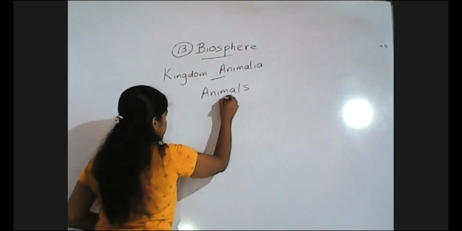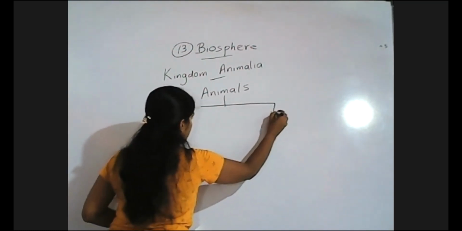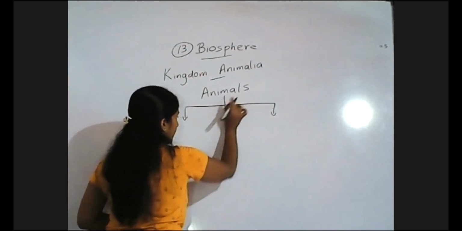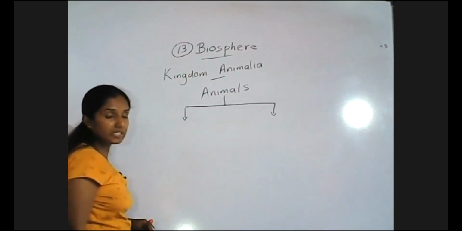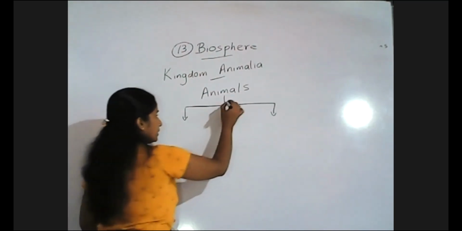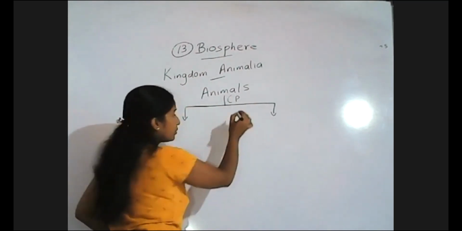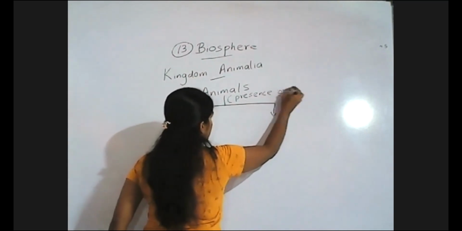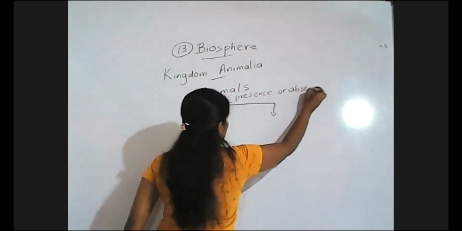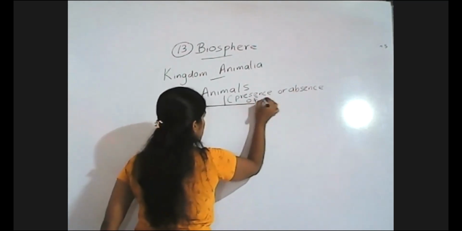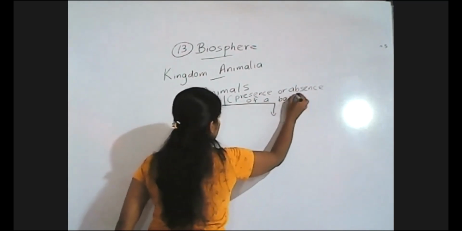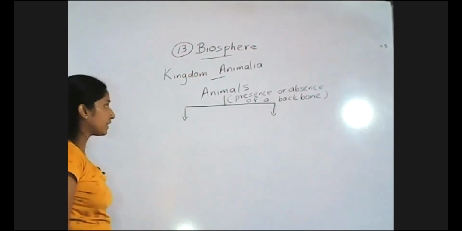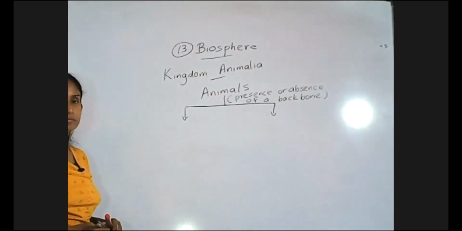We divide the animals into two main groups by using the feature, presence or absence of a backbone, or we can say the vertebral column. That is the criteria we use to categorize the animals.